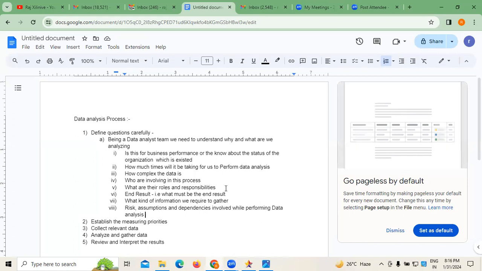For example, we are working for healthcare projects or a healthcare organization. The data involved in healthcare organizations is not accessible all the time. Accessibility matters from organization to organization because it will not be the same for all the projects, right?